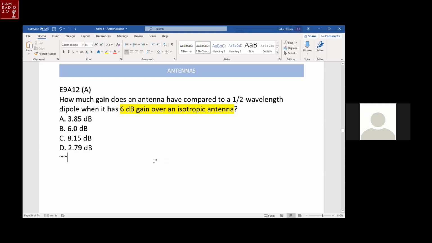Let me see if I can write this out. Okay. Antenna has 6 dB gain over the isotropic. Okay. The dipole has 2.15 gain over isotropic.